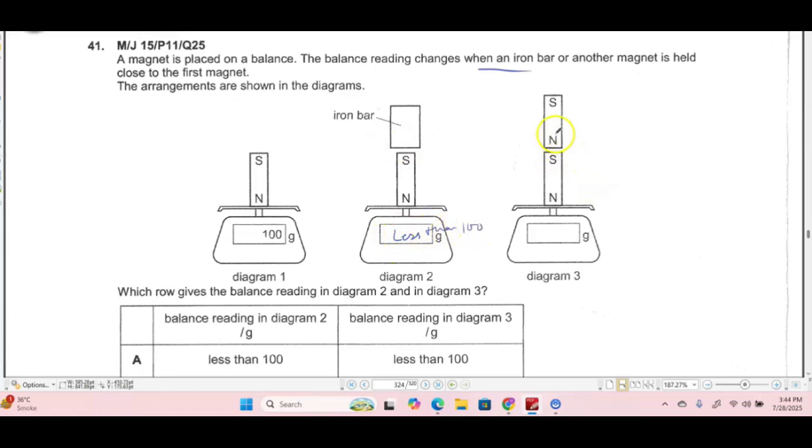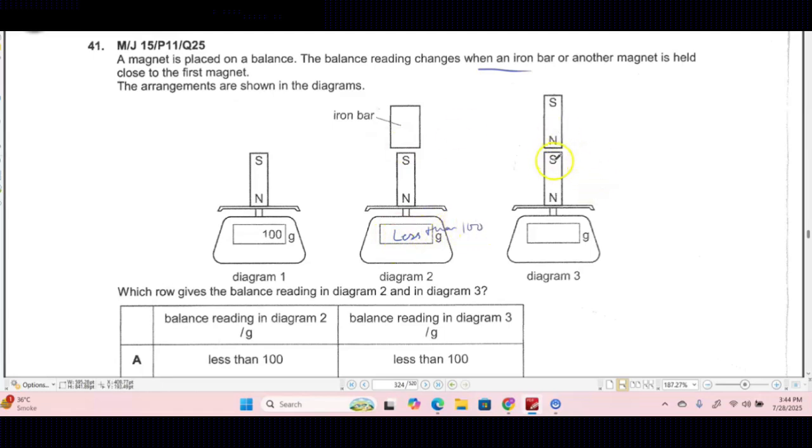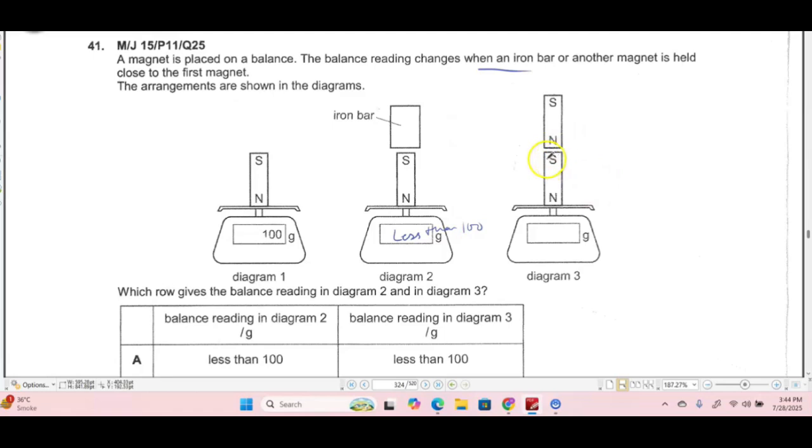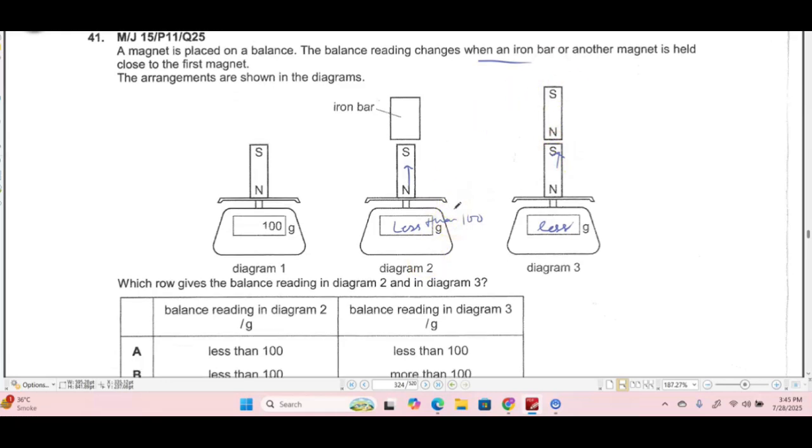And when two magnets are brought close together, it is going to be less than 100 as well, because this will attract this, and here also the attraction is taking place, so the weight will be less than 100 grams. So A is our correct option.